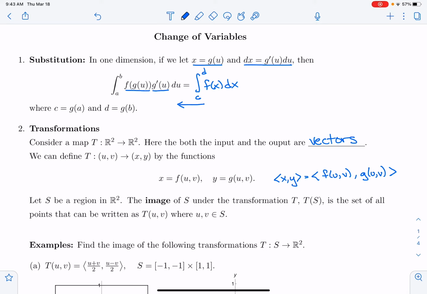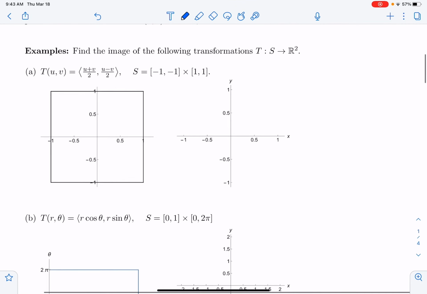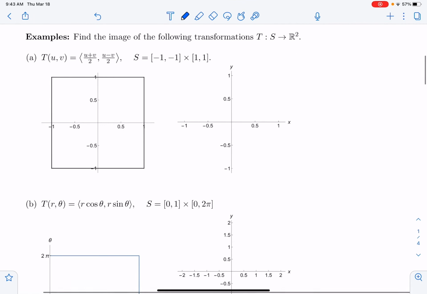So I'm going to find the image of the following transformation T that takes an S and outputs something in the plane. So what we're going to do is we're going to start with a T of u,v, and that T of u,v is going to be given by x being u plus v over 2 and y being u minus v over 2.